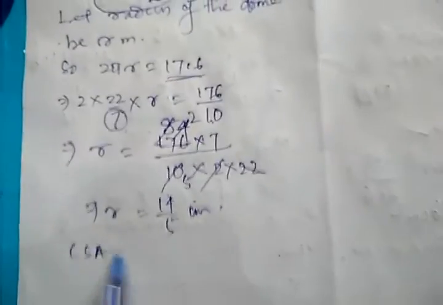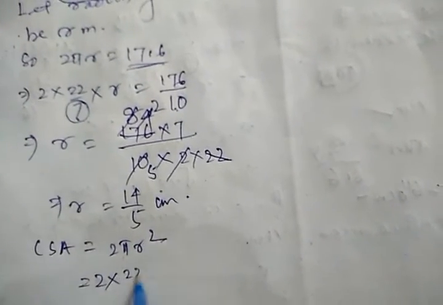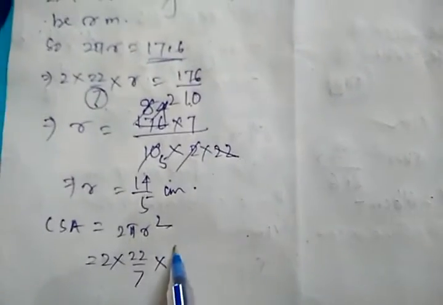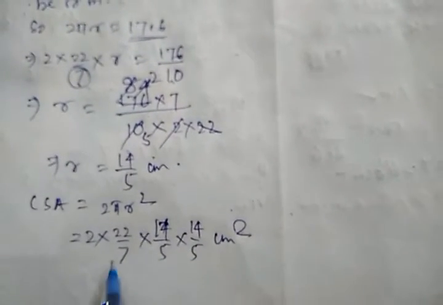So curved surface area we have to calculate, that is 2 pi r square. So 2 into 22 by 7 into 14 by 5 into 14 by 5 centimeter square. Now cancel it. This 7 cancels 14, 2.